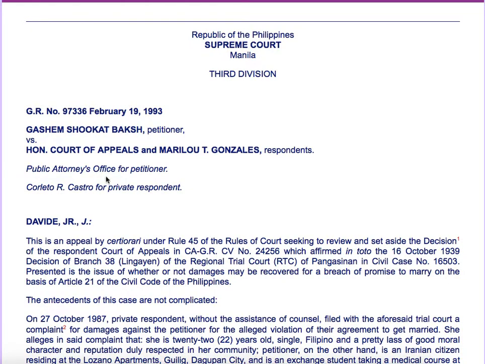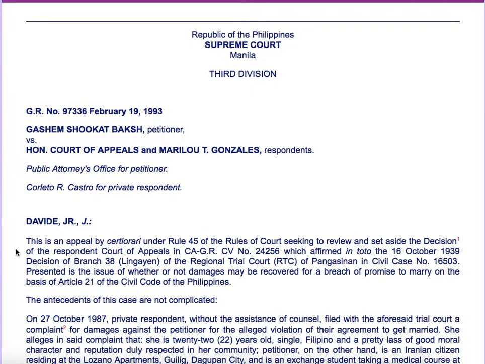So there is a private respondent, that is a private party, an individual or probably a corporation. You also have a public respondent, which is the Court of Appeals. So, put differently, si Gashem Shukat Baksh, natalo siya sa Court of Appeals. Therefore, he is filing an appeal to the Supreme Court. Okay. So you know the parties.